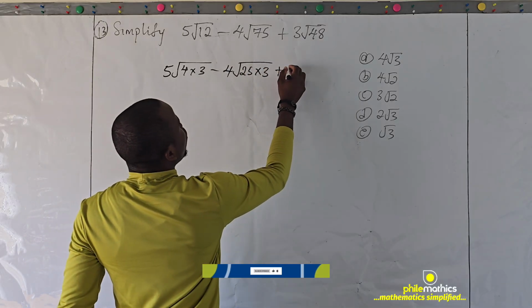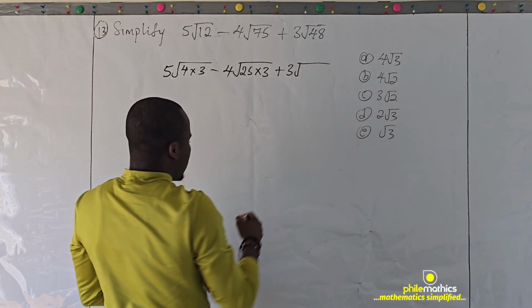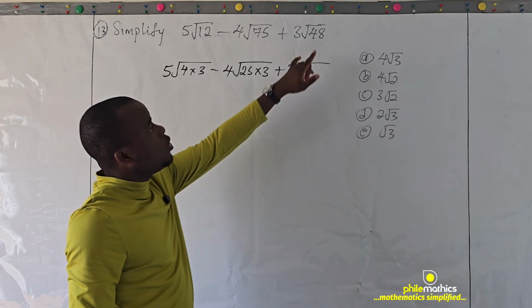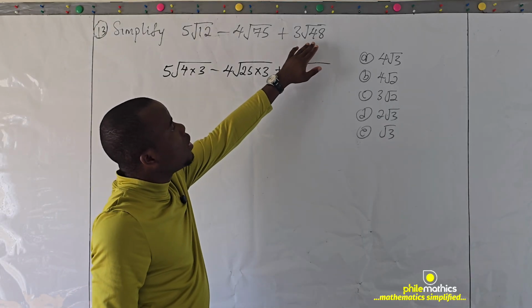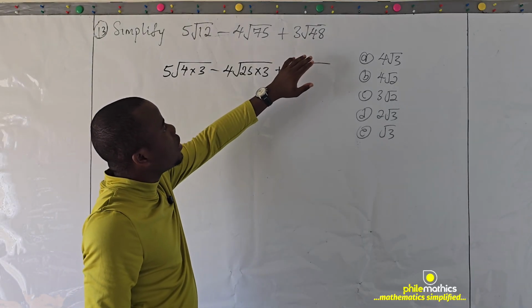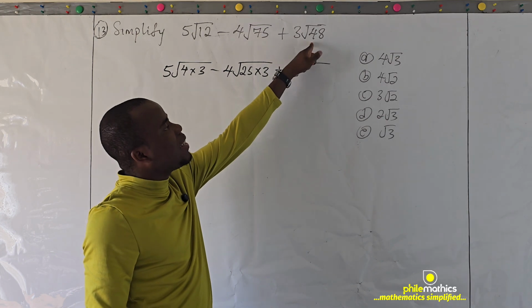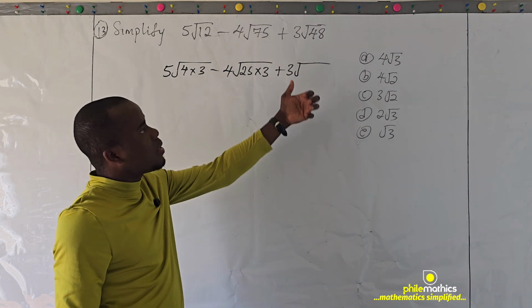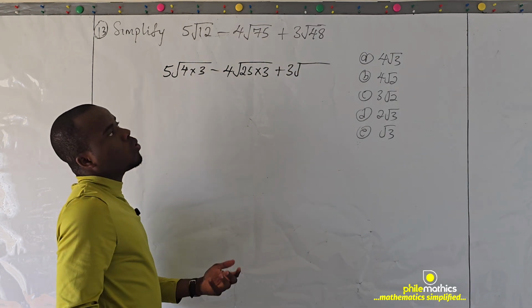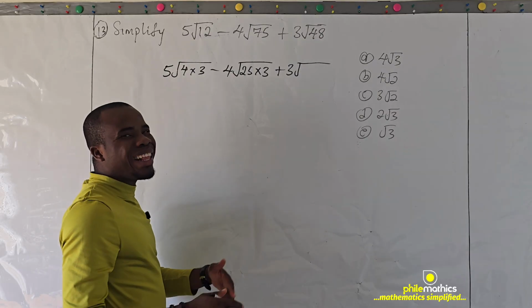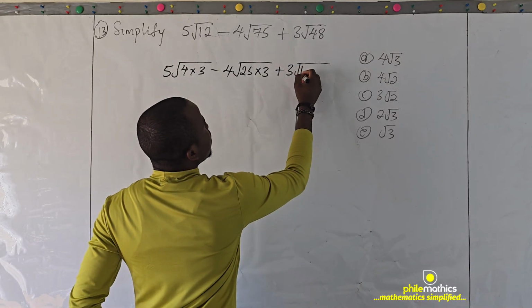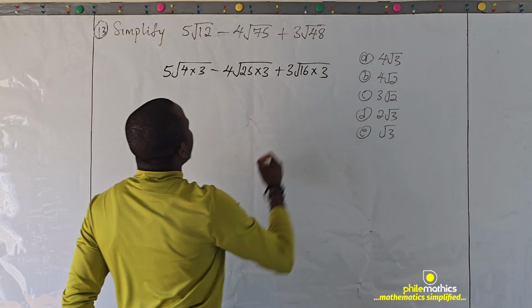And finally, if you look at 48, I can reduce this as 16 times 3. I mean, you could use 4, but 4 is not the largest perfect square. So 16 times 3.